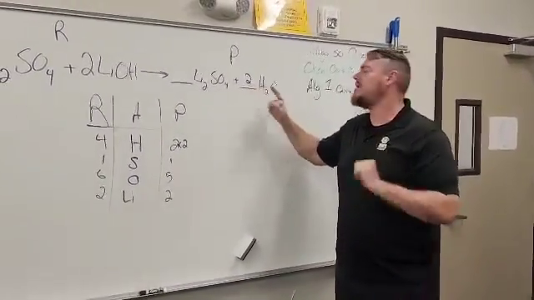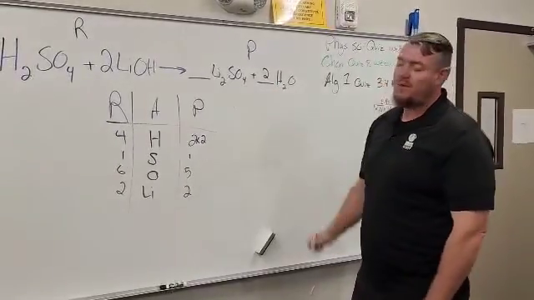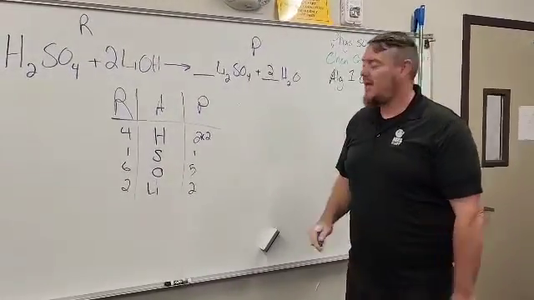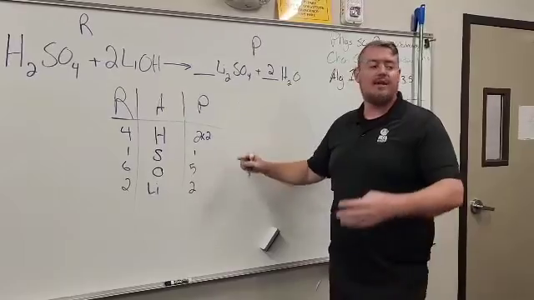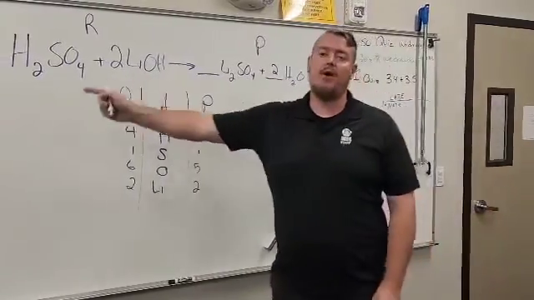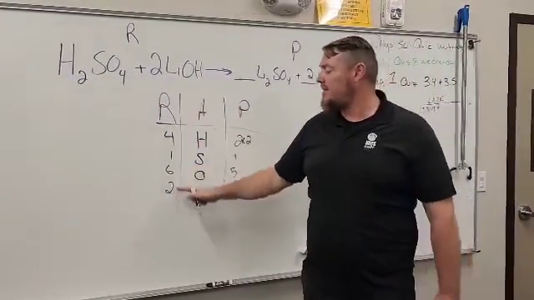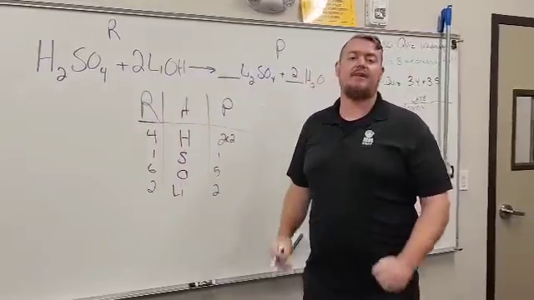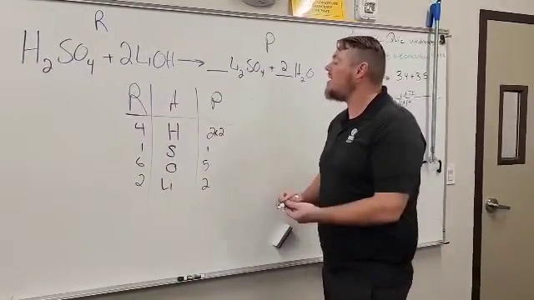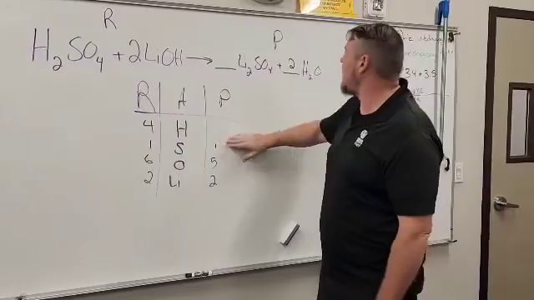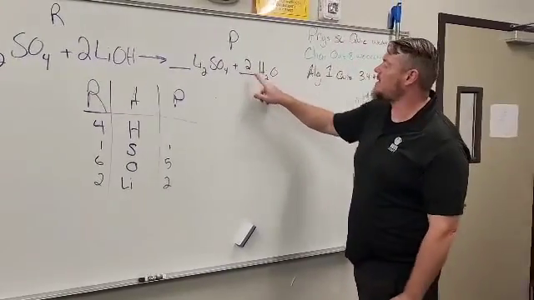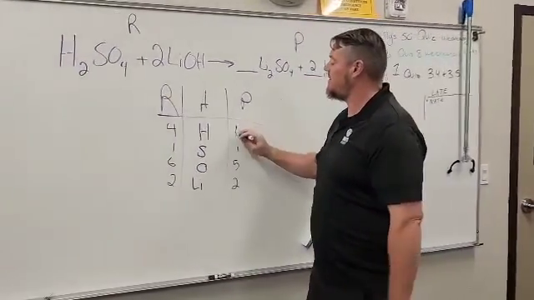Yes. Good job, Leanne. So, in this group here, we have to recount. Every single time I do something, I tell my class to go back and recount all your atoms. I did not do anything to the reactant side, so I'm not going to count that side. But I did do something to the product side, and if I recount, instead of having 2 hydrogens, 2 times 2? 4.